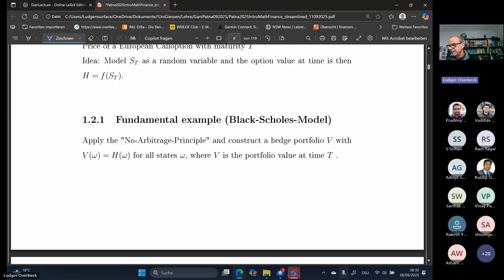The no arbitrage principle tells you we won't construct a hedge portfolio, which we call also V, such that at maturity, at the second time when the option is executed, this portfolio, this means a portfolio, in this case it's simple, you buy as a banker, you get money from you as the owner, and you get money because at time capital T, the banker must also fulfill the contract.